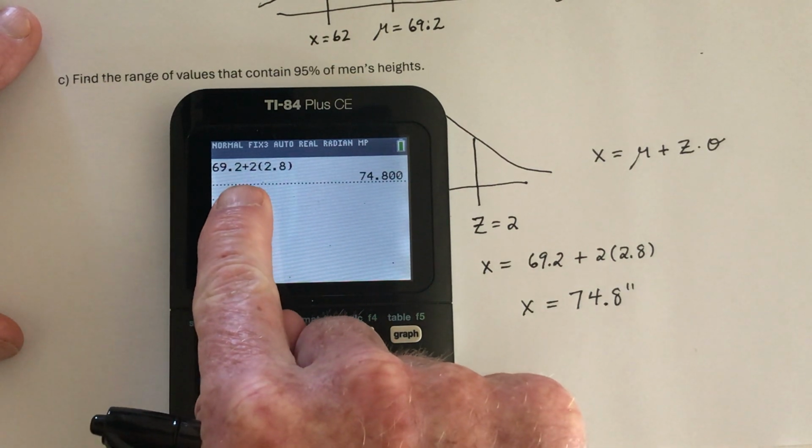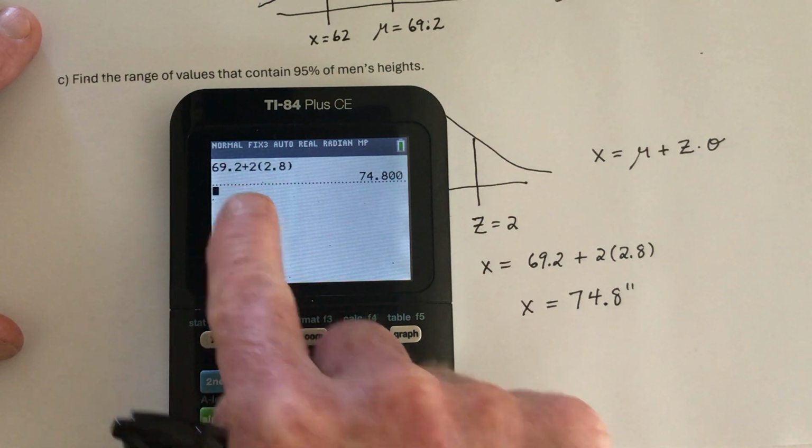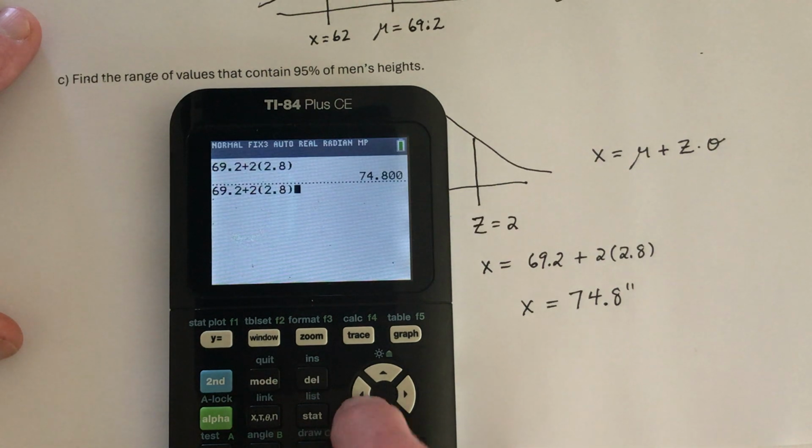Now I need to do the same thing with minus. Of course I could type it, it would not take very long, but if you just go up, you can highlight it and get it back again, and then just back up and make this a minus.